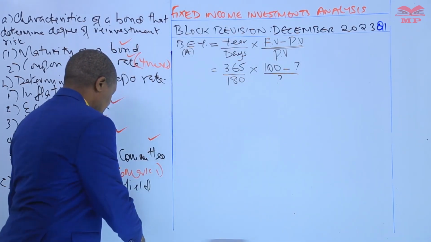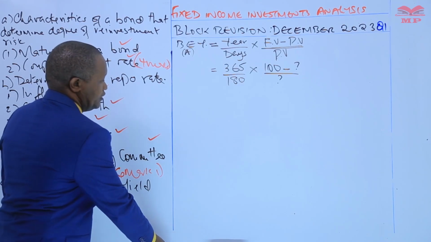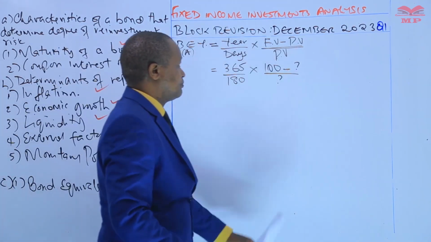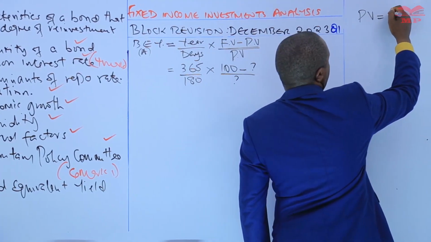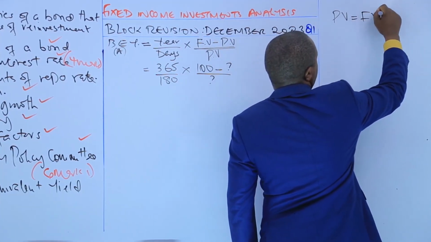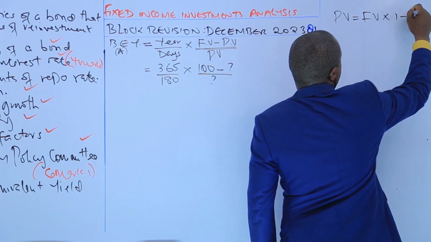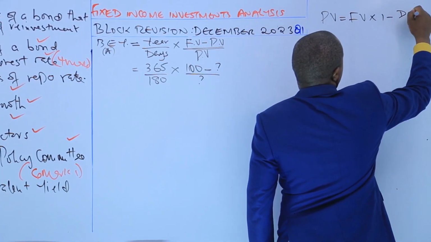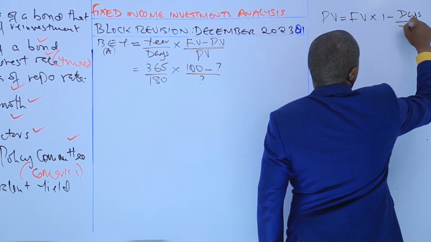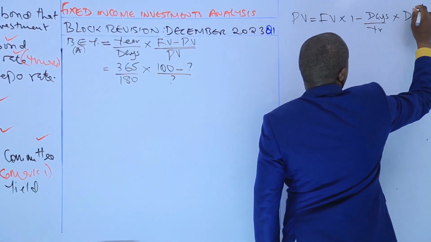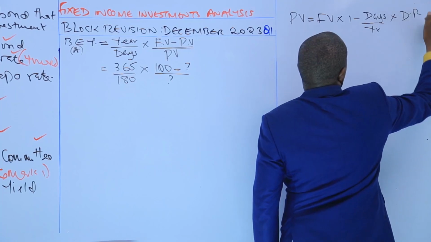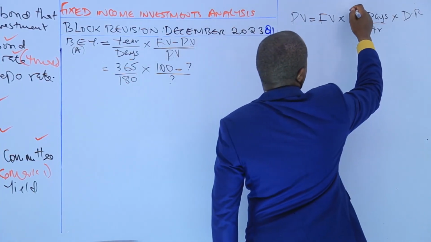So let us calculate the present value of this bond. What is the present value? The present value is given by multiplying the future value by 1 minus days over year times the DR, the discount rate.